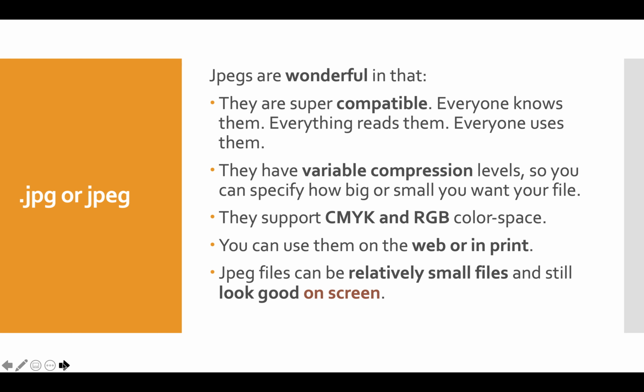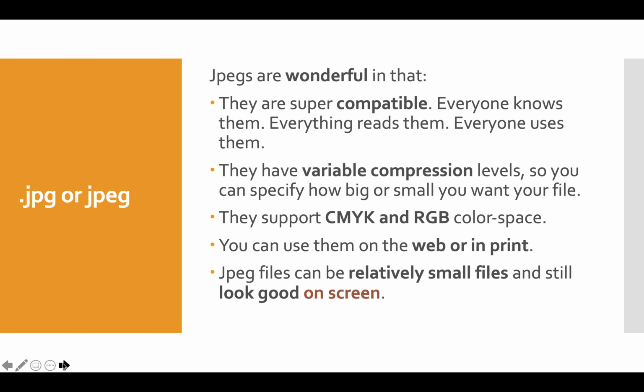Now, one thing that's unique to JPEGs compared to some of the other formats we're going to be talking about, like PNGs, is that you can have both on-screen RGB color space, but it also supports print color-based CMYK. So that's why you might actually be able to send a JPEG to a printer, especially online if they need a smaller file size.